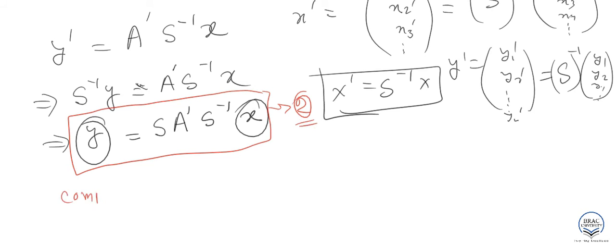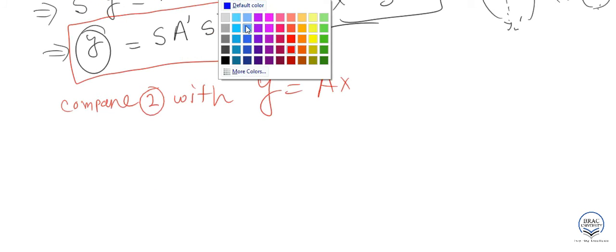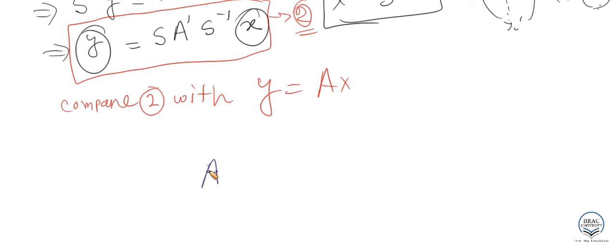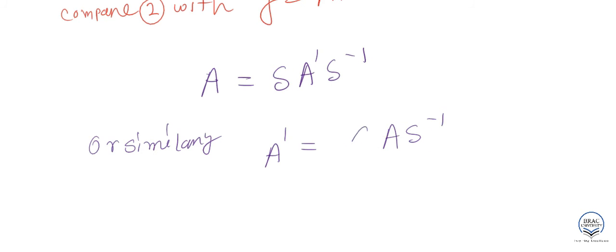So compare 2 with y equals to Ax, and if you compare them, you can easily see that we are getting A equals to S A prime S inverse 1, or similarly A prime would be S inverse 1 A S, with S inverse 1 on the left and S on the right.